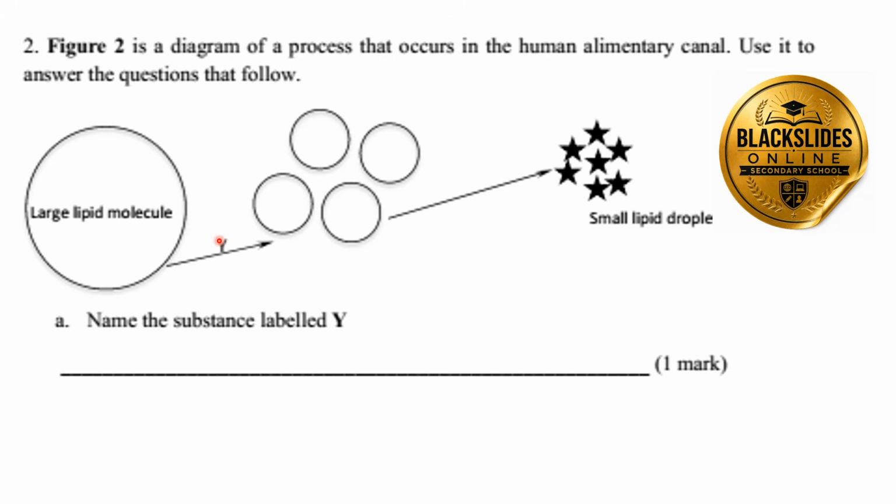So let's look at this diagram carefully. First of all, it shows what happens to fat molecules, which are also called lipids, in our digestive system. So we see a very big lipid molecule. These are big greasy molecules.